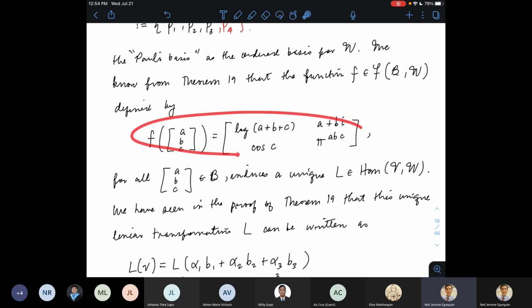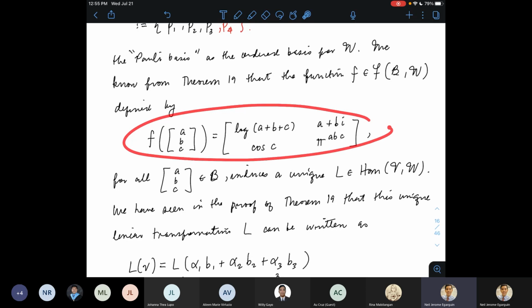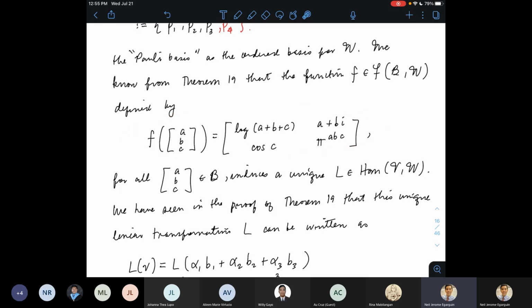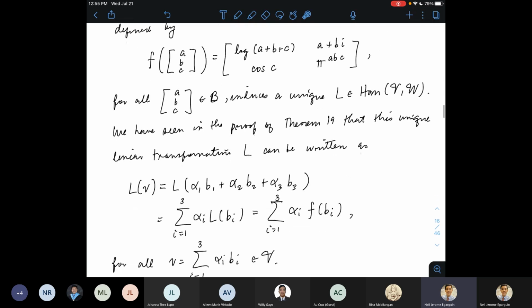But remember, this function f only acts on the basis elements. The domain of f is only the set of basis elements. I cannot plug a vector v into f because it is not in the domain. So this is only the action of f on the basis elements. And it will induce a unique linear transformation L such that L is given by this.